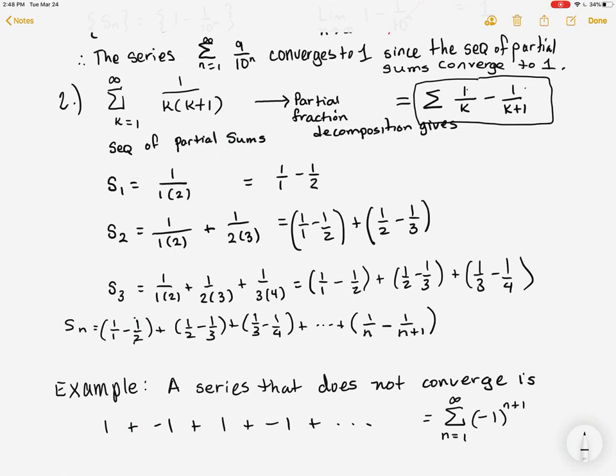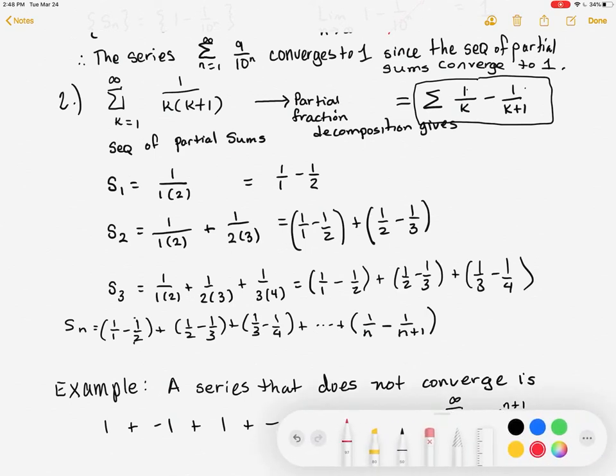This is a sum of n terms. The parentheses themselves I put in there just so you can see what the different terms were. Take the parentheses off, and what do you notice happening in this partial sum?